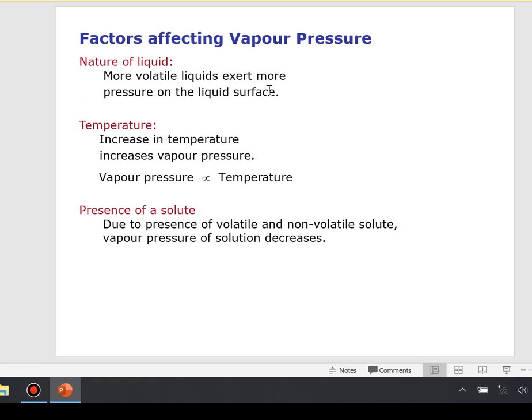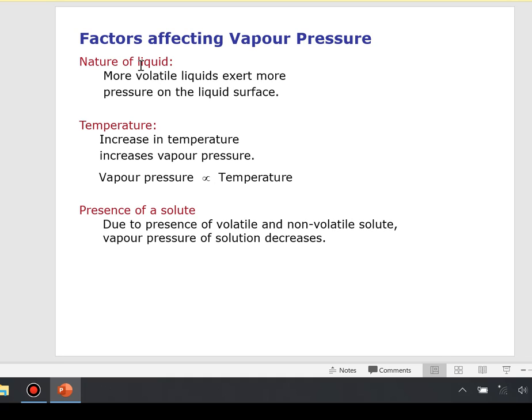The factors affecting the vapor pressure. There are various factors affecting the vapor pressure. First factor is the nature of liquid. Second factor is the temperature. And third factor is the presence of a solute.